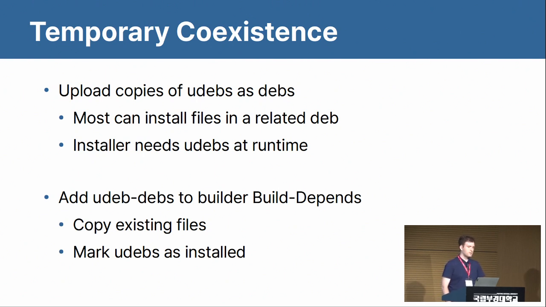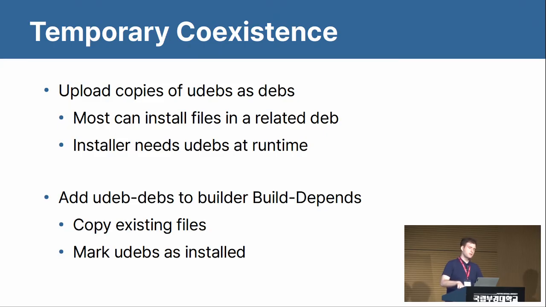Then most of them would fall into the deb version of that package, like libraries and applications, and the rest are main menu items and installer steps. But at this point, still, the installer would need udebs at runtime, so we would need to keep the udebs for a little while more.